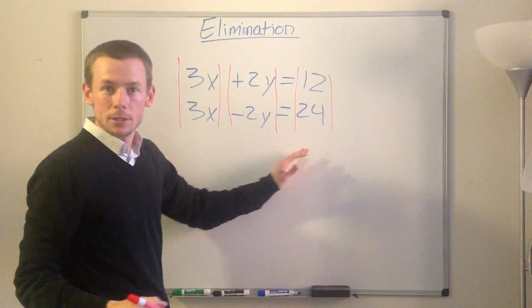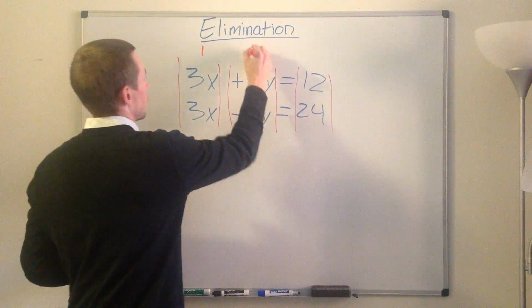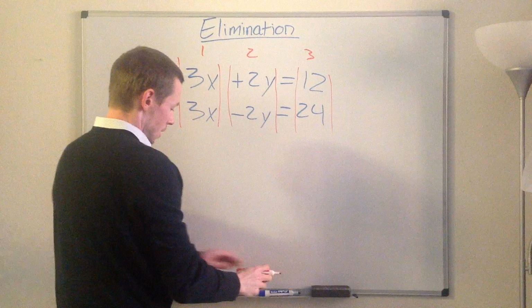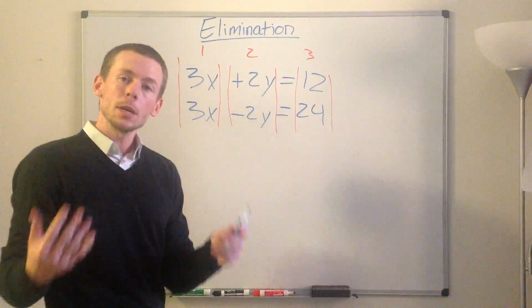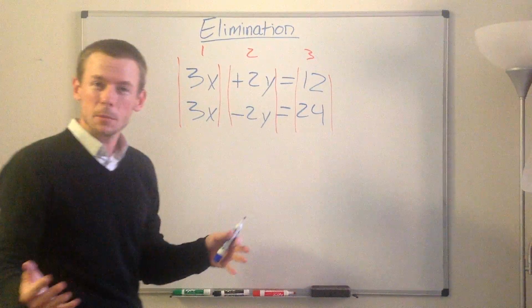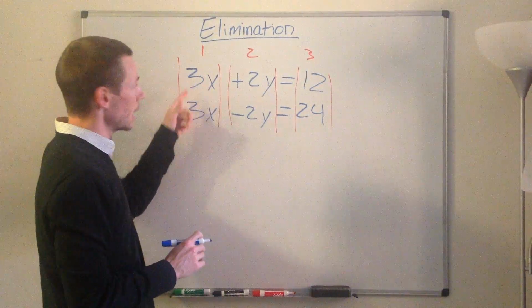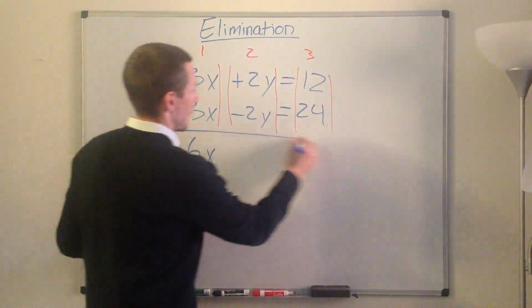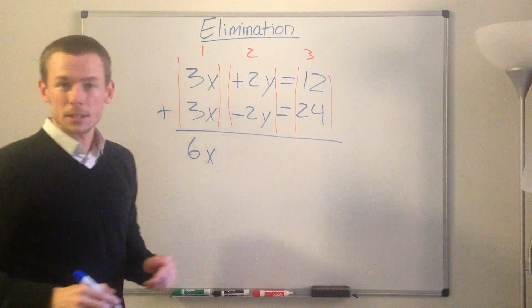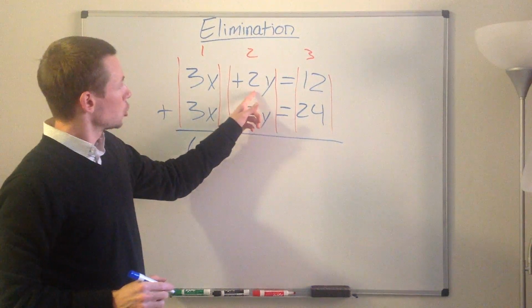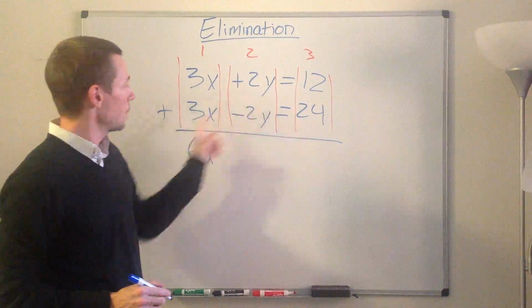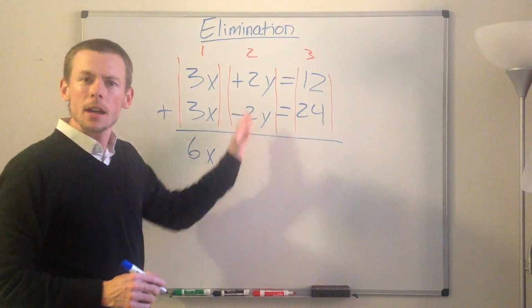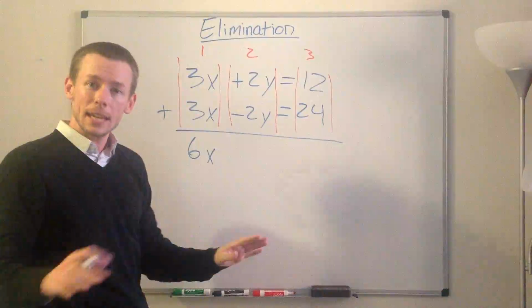Similar to the previous computation, I'm going to create three columns and add them and see what happens. Well, 3x plus 3x equals 6x. 2y plus a negative 2y, similar to the previous computation, that cancels.